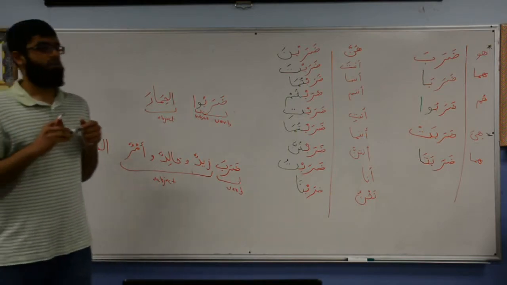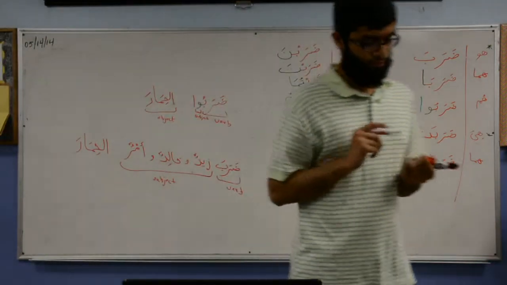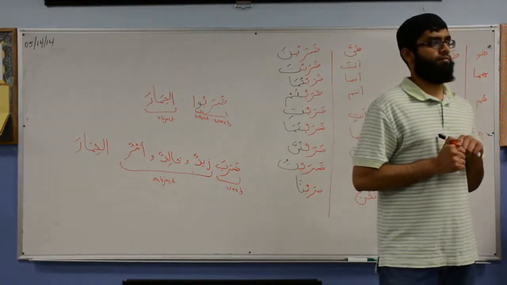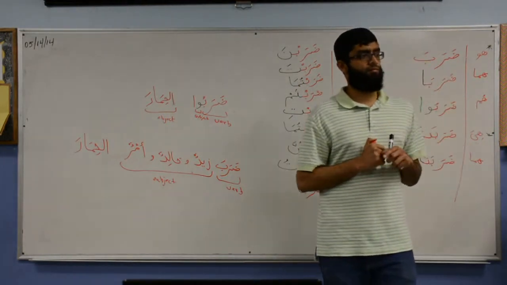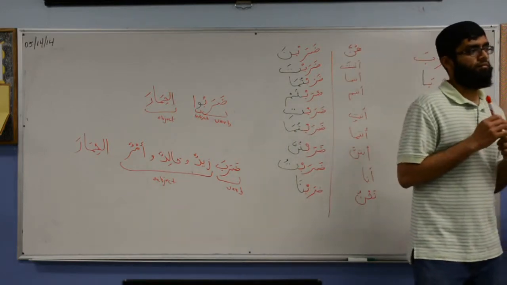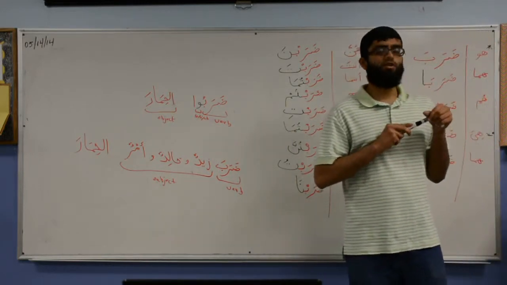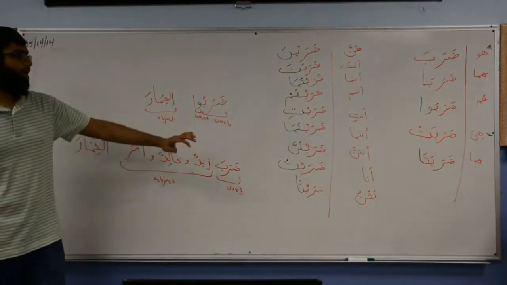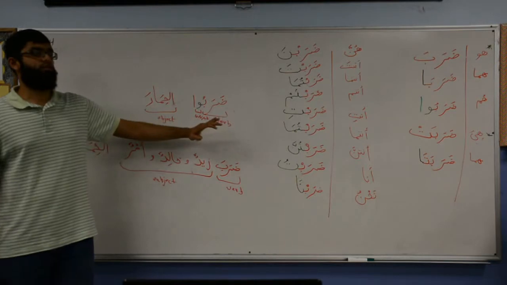All right. So, whenever the subject is specified in the verbal sentence, the verb will stay the same. If it's daraba, it's going to stay daraba. If it's sa'ala, it's going to stay sa'ala or hafiza. So the way you figure this out is you ask, where's my verb and where's my subject?